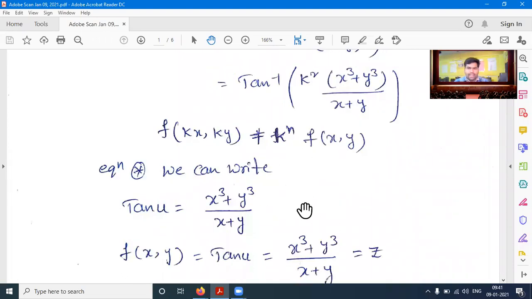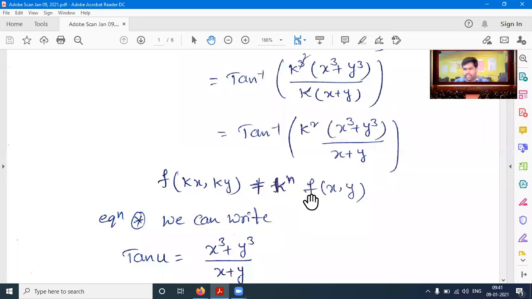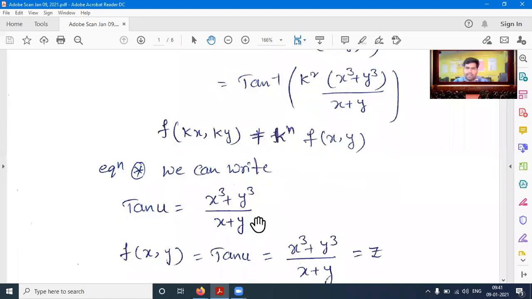But if it is not homogeneous, as in previous problems or in the concept we had, you just have to convert it into homogeneous. How do we convert? Just send this tan inverse to the left side. That is equation number star.